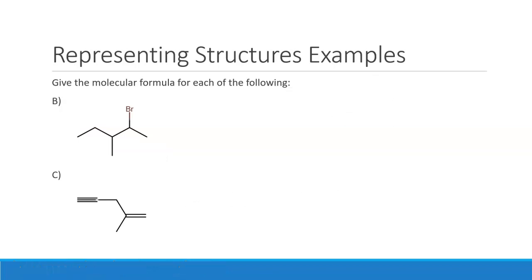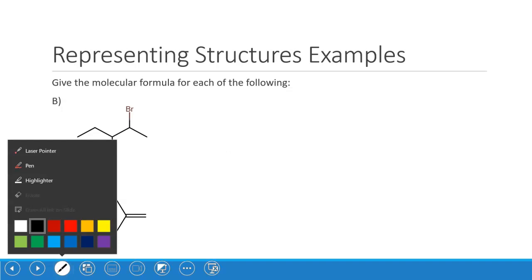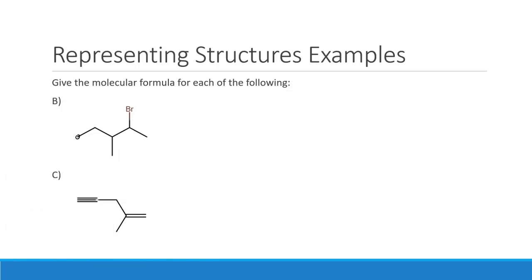The next set of structures are skeletal, and so again, it will help if we first write out what is the condensed structure for each of these. And the first step is to determine where the carbons are located. And remember, those carbons are going to be at the end of every line, except where bromine is already at. And we've got carbons at every corner. Okay, and if we label these across, that's 1, 2, 3, 4, 5, and then the 6th one below.